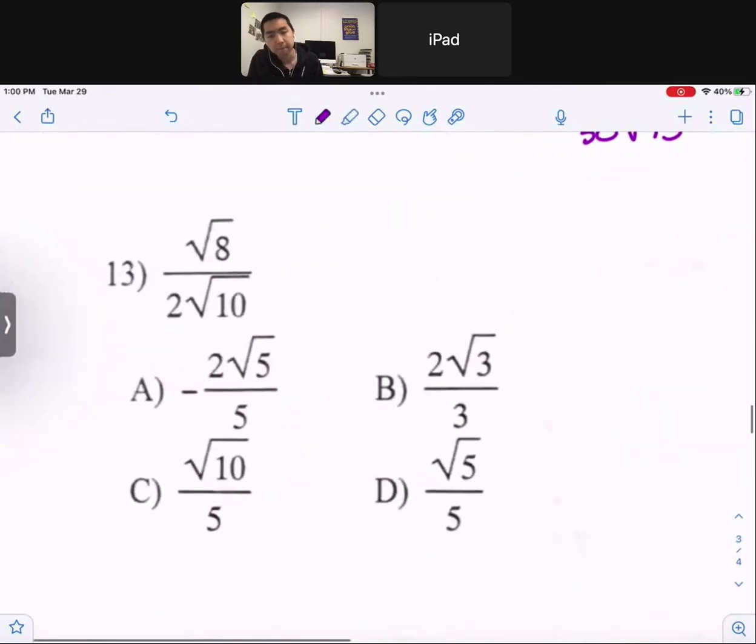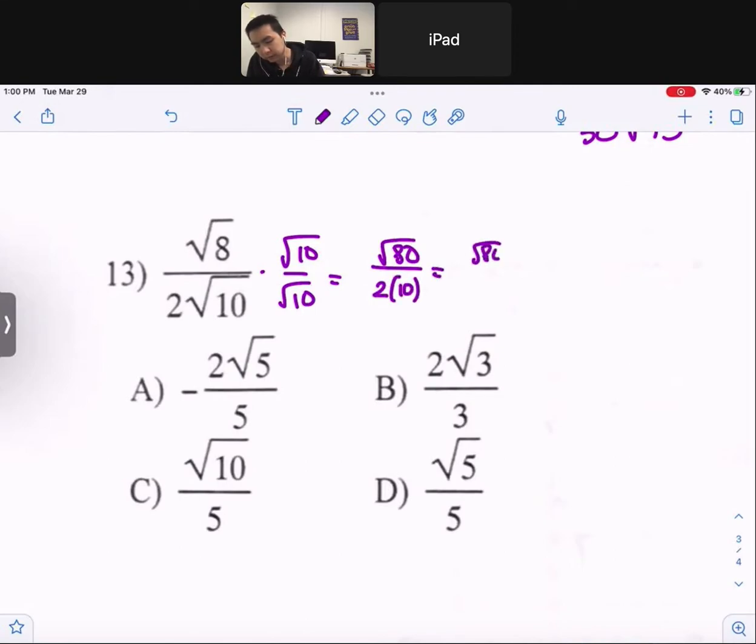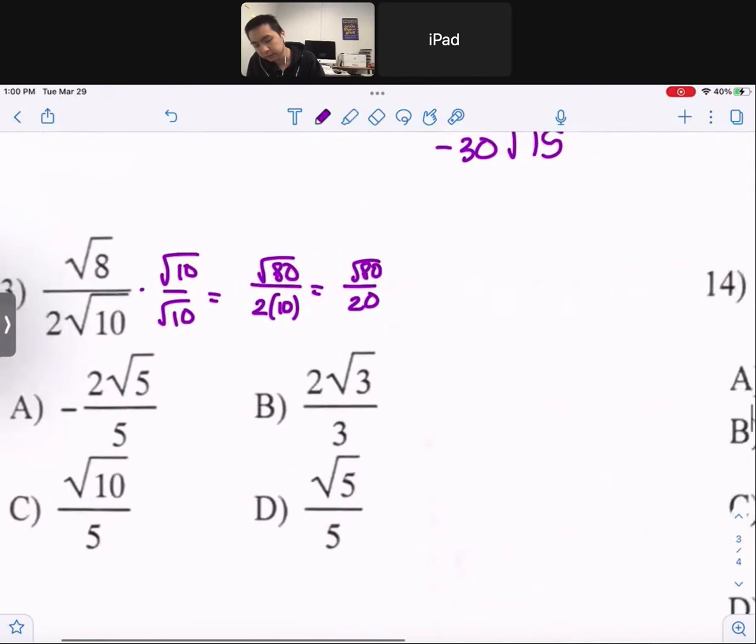Okay, here. Now, multiply top and bottom by square root of 10, and we get square root of 80 all over 2. Radical 10 times itself is just 10. So I got radical 80 all over 20. So let's simplify the square root of 80, and we would get 8 and 10, 4 and 2, 2 and 5, 2 and 2.